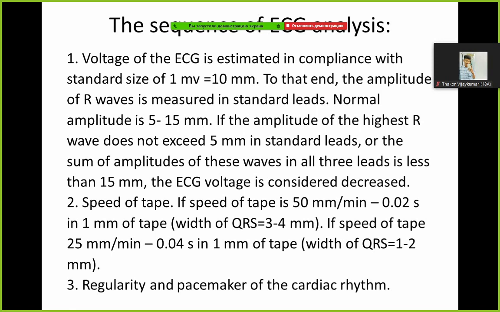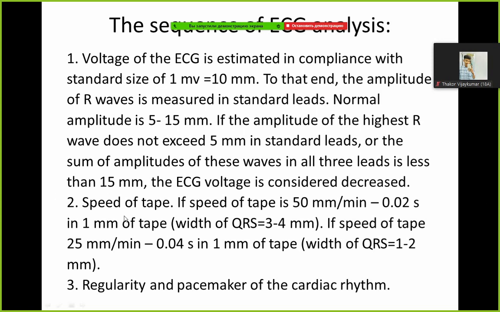If the amplitude of the highest R wave does not exceed 5 millimeters in standard leads, or the sum of amplitudes of these waves in all three leads is less than 15 millimeters, the ECG voltage is considered decreased, and it may be, for example, in case of myocarditis or myocardial infarction. Next, we must estimate the speed of the tape.